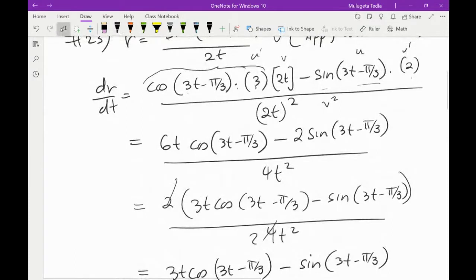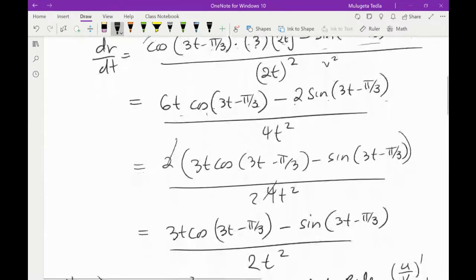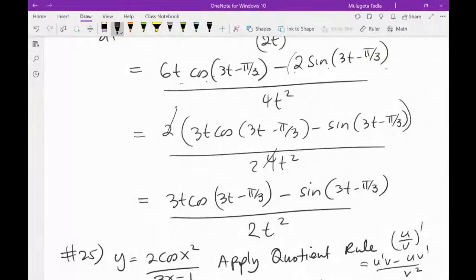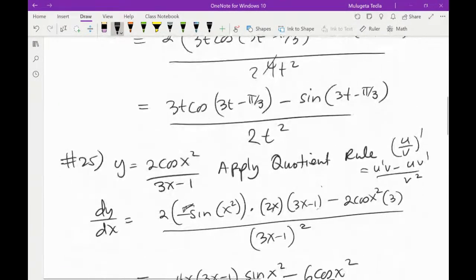So then all I did was bring up the multipliers to the front. 3 times 2t is 6t, cos of that minus 2 that, divided by the denominator squared. And then because I realized there is a 2 here, a 2 here, a 2 here, I thought I would reduce it. So I factored 2 from the top, and that's what we get.